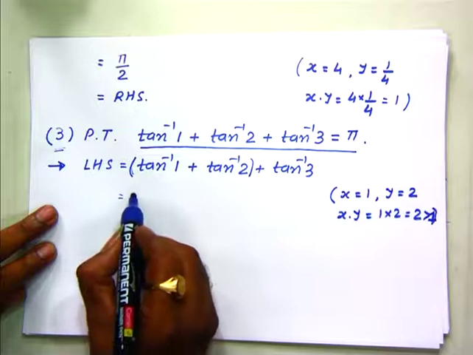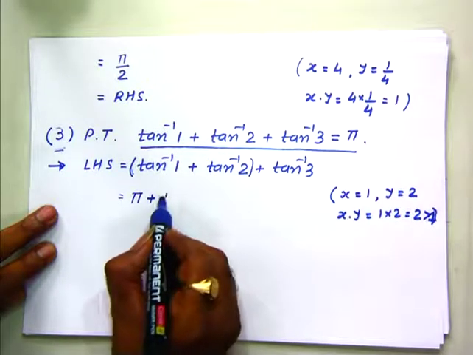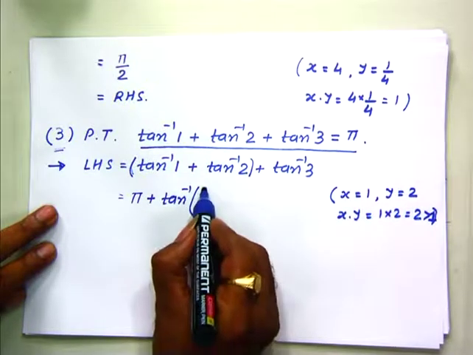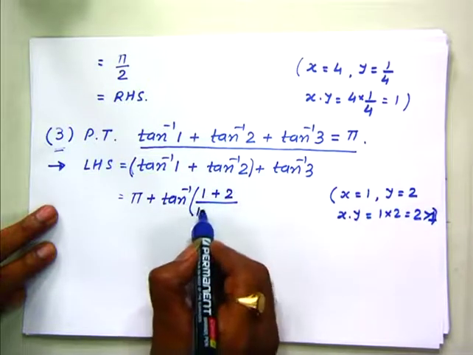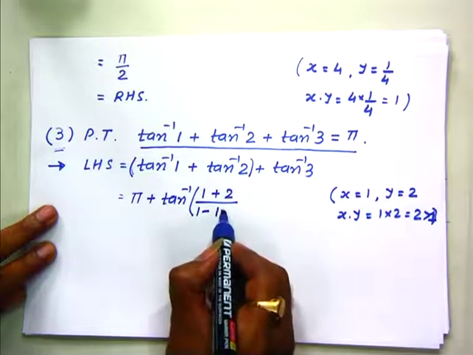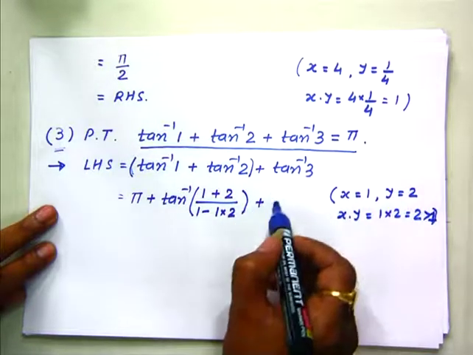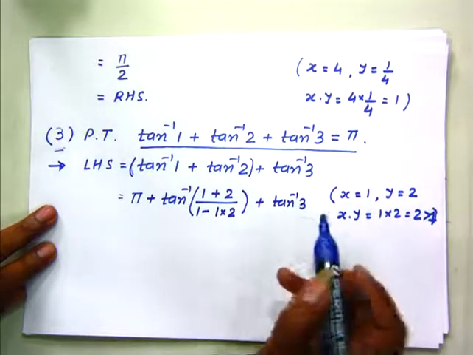Tan inverse x plus tan inverse y is pi plus tan inverse, x is 1 plus y is 2 upon 1 minus x into y, plus write down the third term as it is, tan inverse 3.